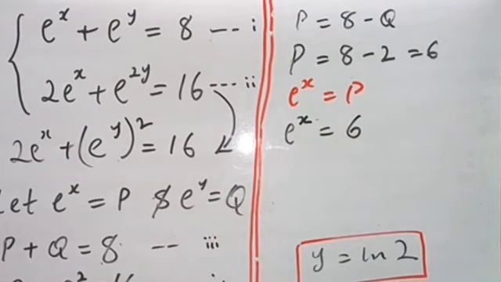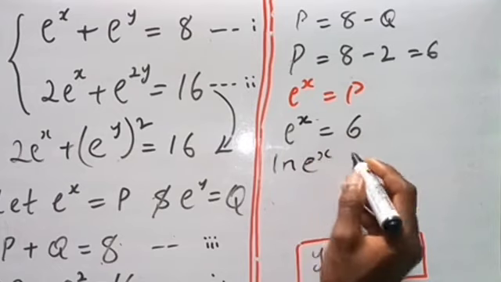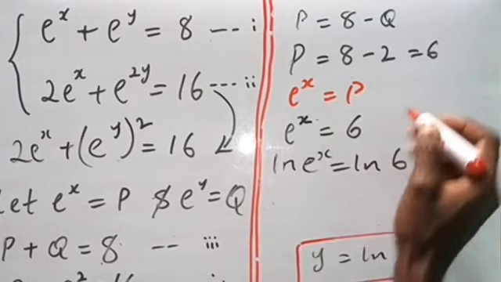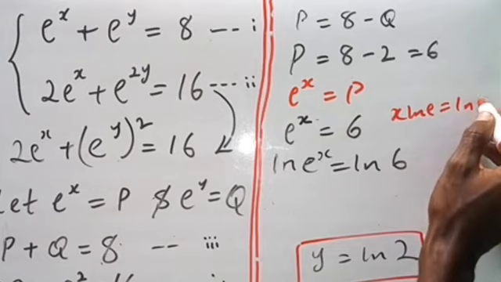Now let's introduce natural log to both sides. So we will have ln e raised to power x equals ln 6. Like the other one, this will become x ln e equals ln 6.